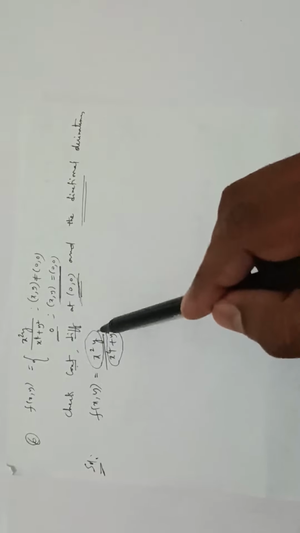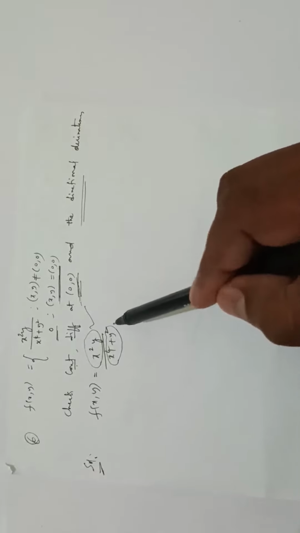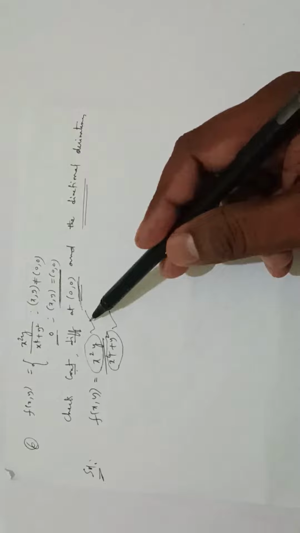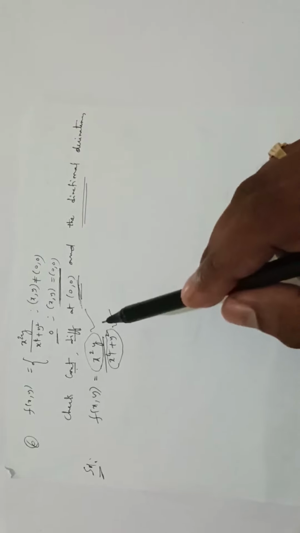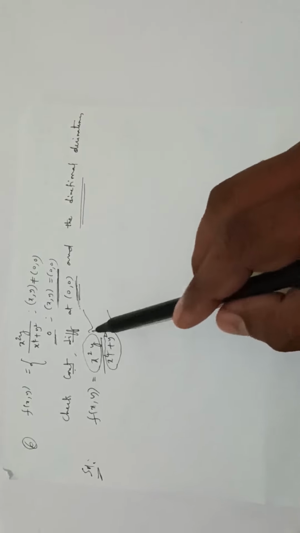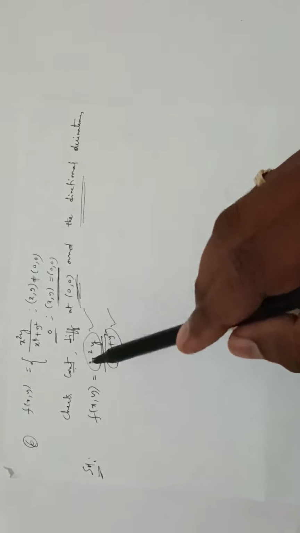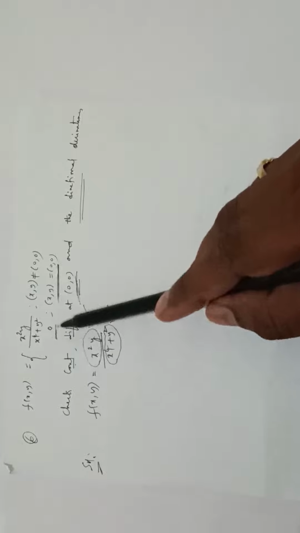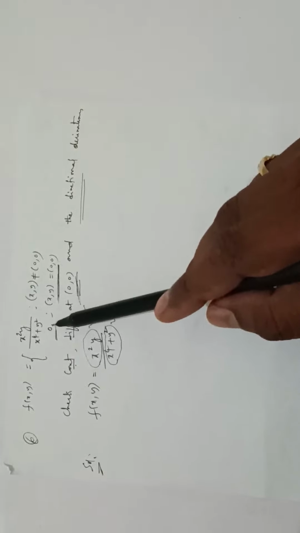If you just come out from the origin, this is non-zero and this is also non-zero. So the quotient of two polynomials is continuous. Idea is clear? So the function is continuous everywhere, but we need to check whether it is continuous at 0. Only that point is remaining.